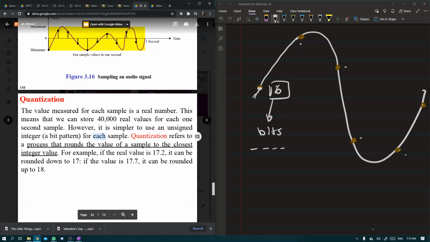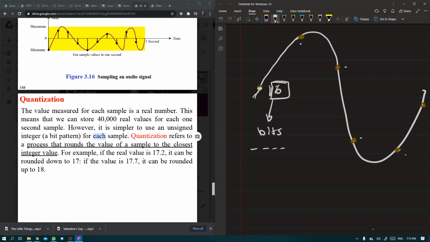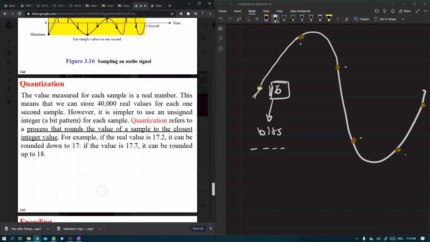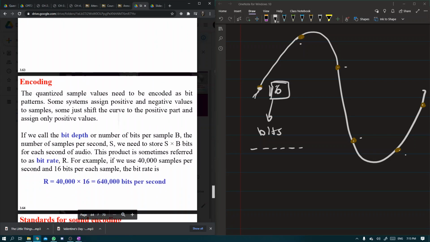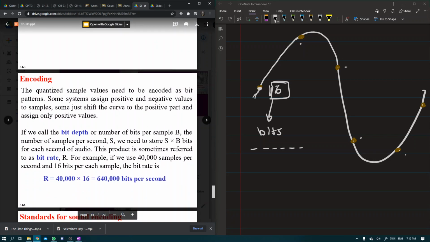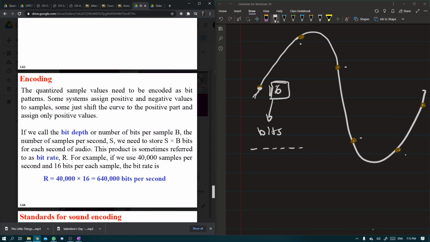So after we take the bits, we round it. Now it's stored in a certain amount of bits. This is called the bit depth. The amount of bits that you take is called the bit depth.